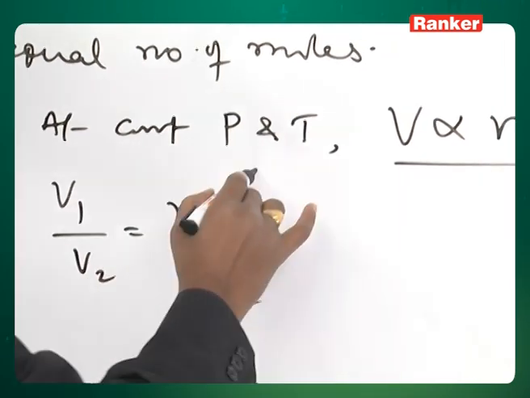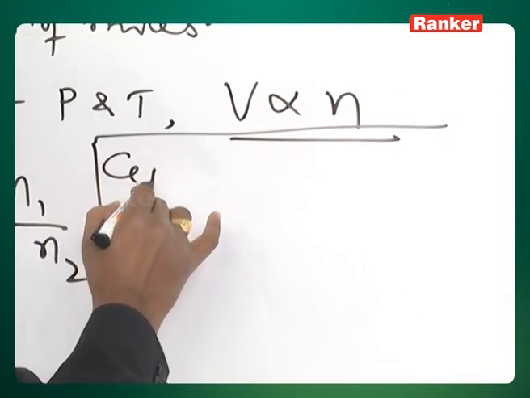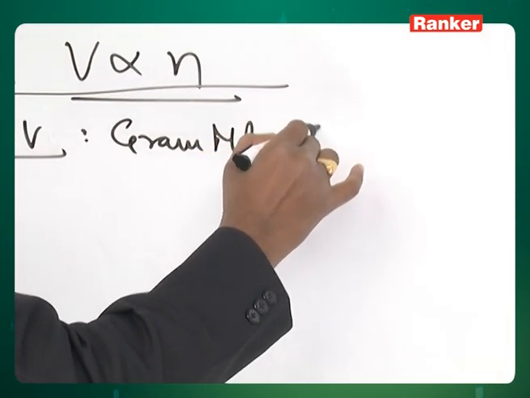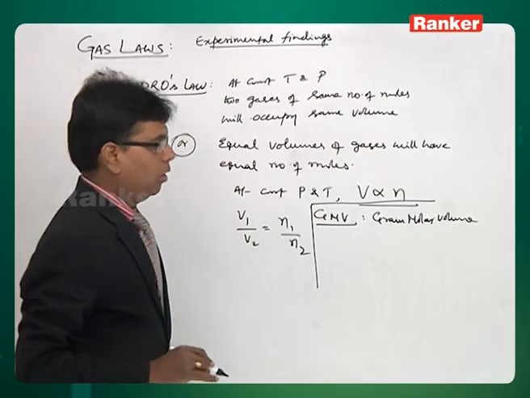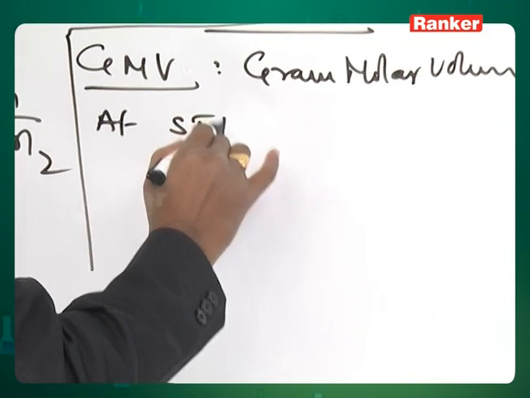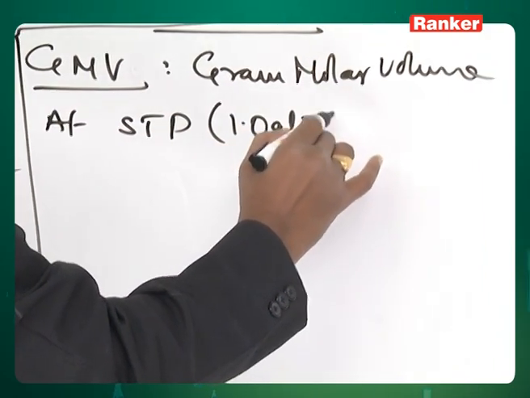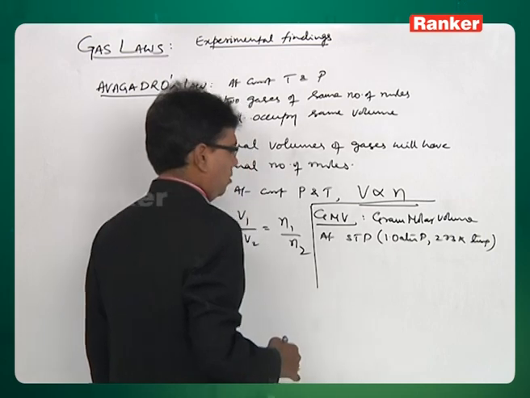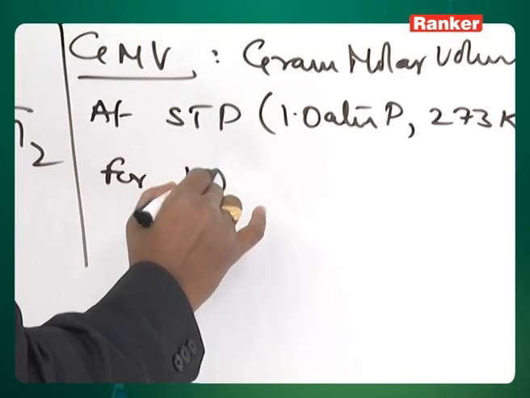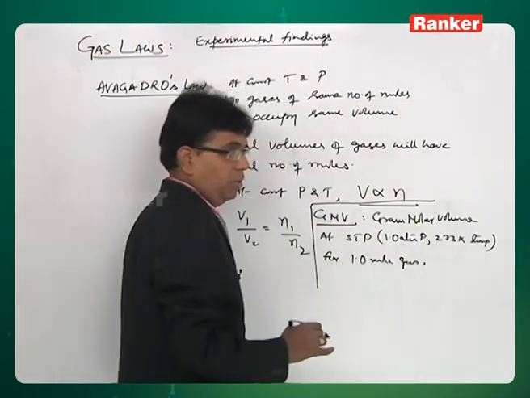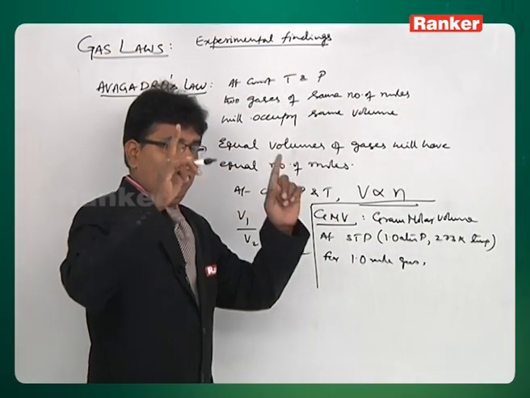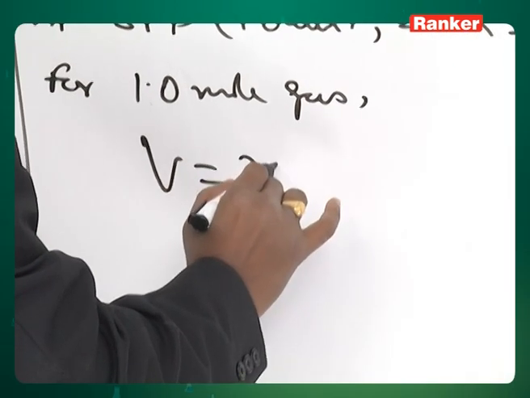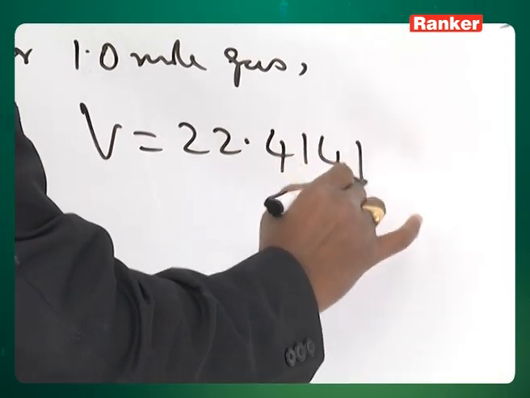Okay. And from this is from where also what we understand gram molar volume. What is gram molar volume? This is gram molar volume, which also we require to understand. What the gram molar volume says is that at STP, meaning 1 atmosphere pressure and 273 Kelvin temperature, that is 0 degree Celsius, for 1 mole of an ideal gas, again as I told you already, all what we are discussing is applicable only for ideal gases, the volume occupied by it is equal to 22.414 liters.